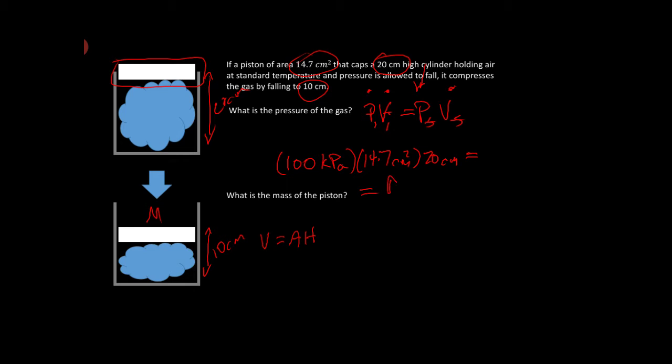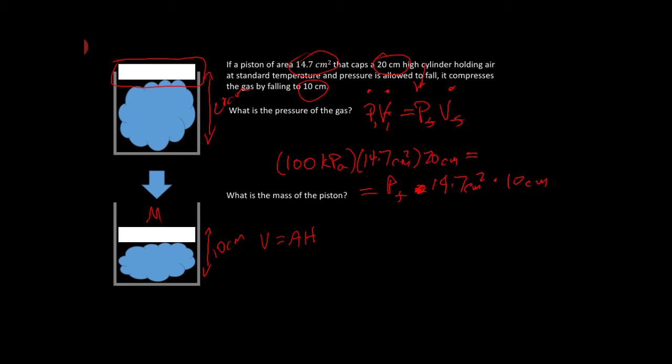Then we've got what we want: that is equal to PF times the other volume, 14.7 centimeters squared times 10 centimeters. Okay, so we look at that.